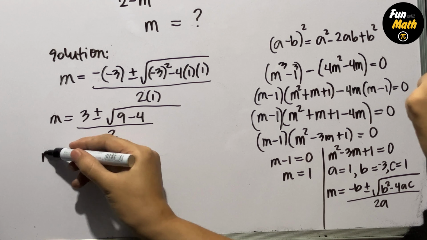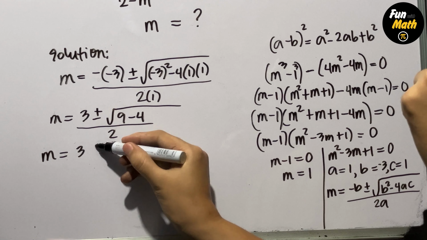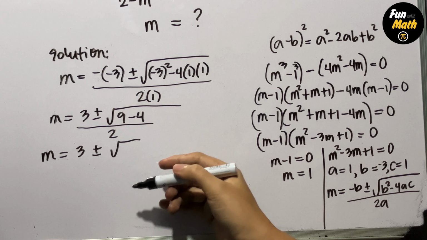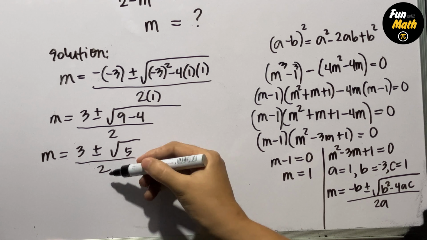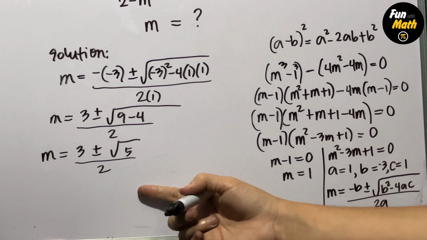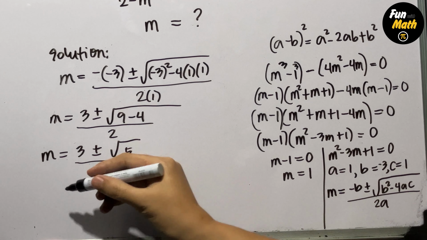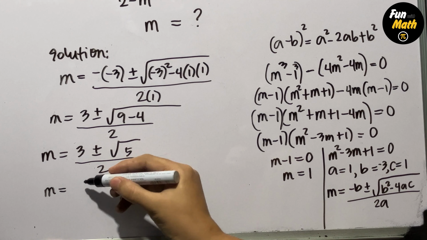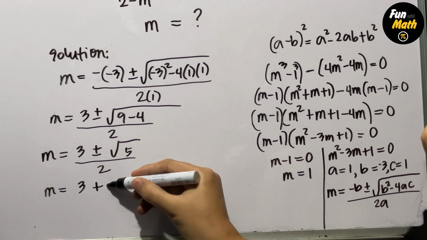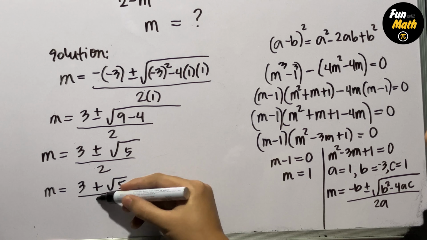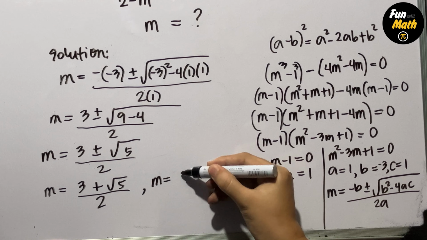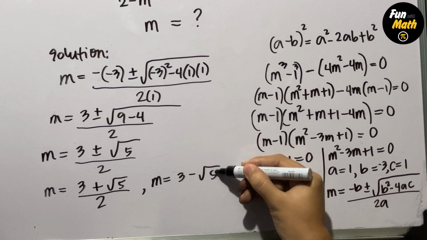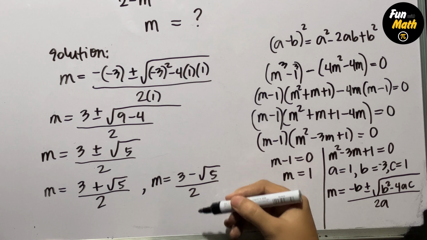Now this is m equals 3 plus or minus the square root of 9 minus 4, that is 5, all over 2. Now for this, we can have two values of m. m equals 3 plus square root of 5 over 2. Another is m equals 3 minus square root of 5 all over 2.